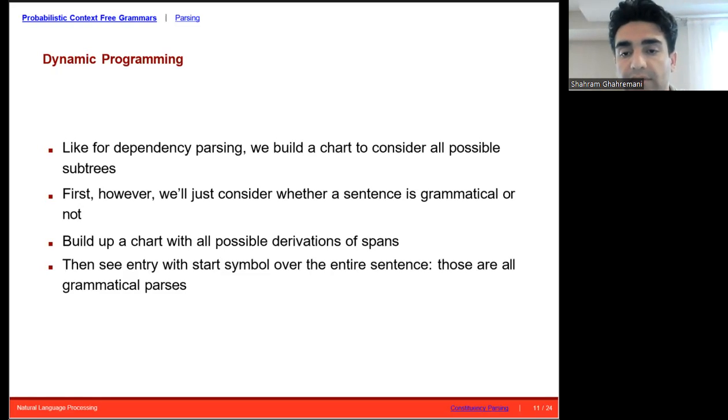And to do this, we will build up the chart with all of the possible derivations of given spans, and then we'll just check to see whether there is a derivation that covers the entire sentence, and that will tell us whether the sentence is grammatical or not.